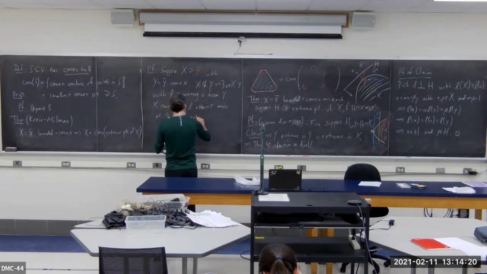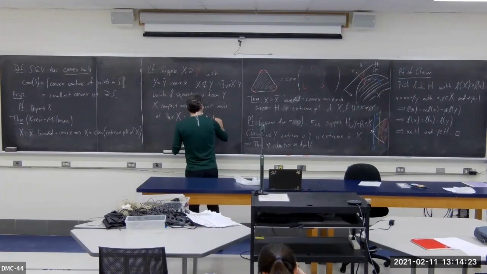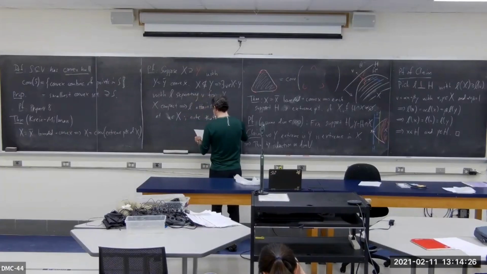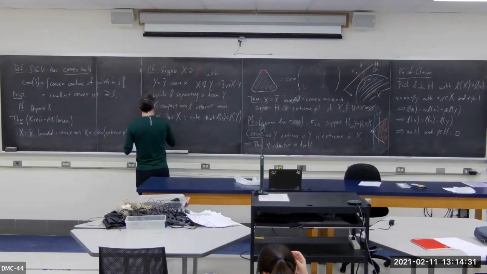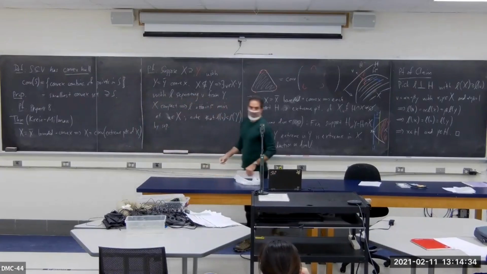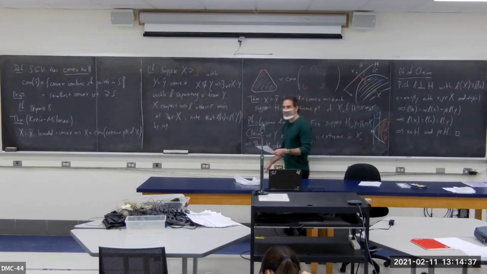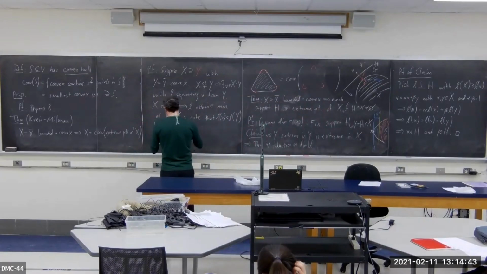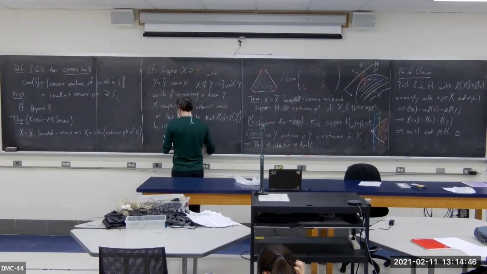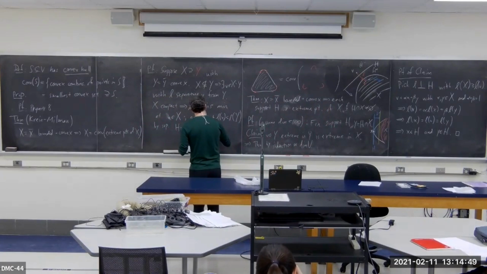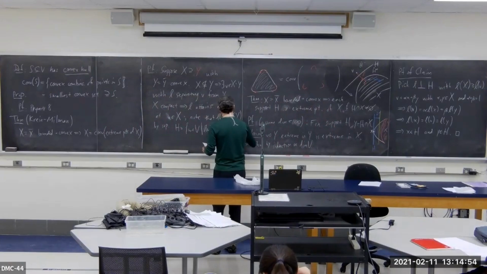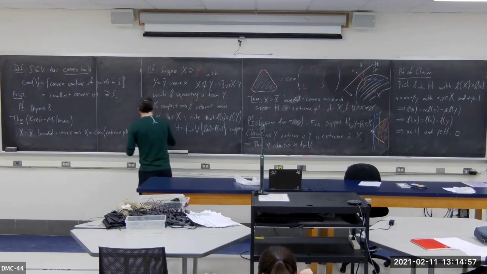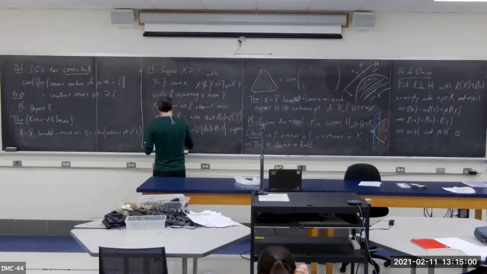So note that L of x is less than L of all of capital Y, and that's by separation. That's the definition of separating hyperplane. So if we take H to be the set of points w in V such that L of w equals L of x, then this supports capital X at little x by construction.